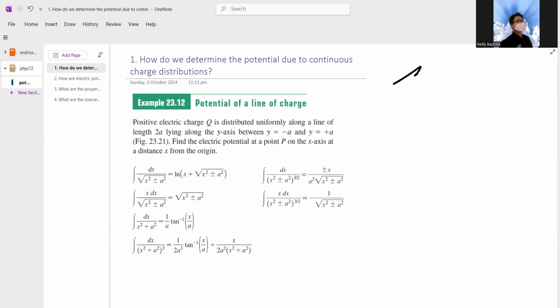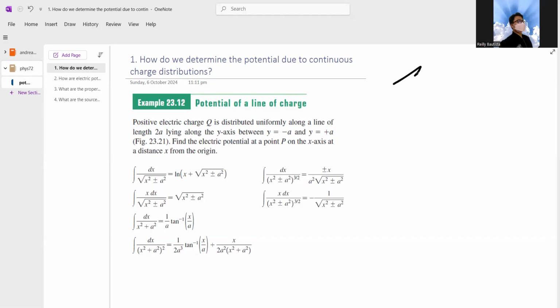So these ones should be familiar to us, but there are some important differences in the integral form for the case of the potential due to continuous charge distributions. Now, we have done the discrete distributions, so it's actually a simple addition. We don't have to consider the direction because potential is a scalar quantity.